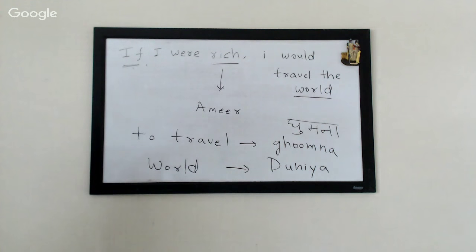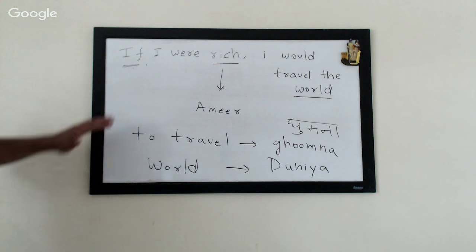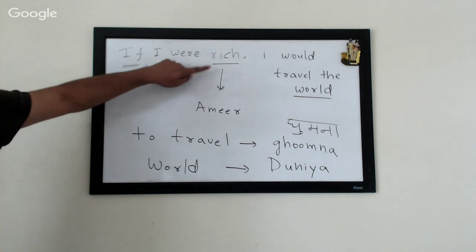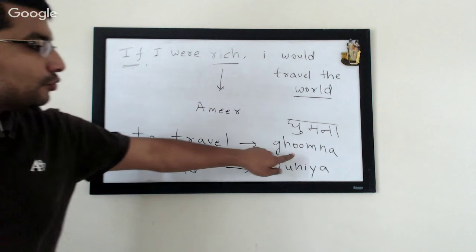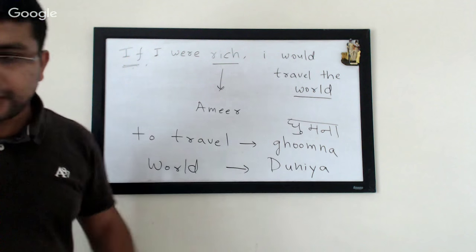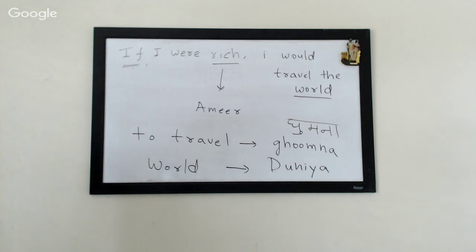World is dunya. Okay. So now you know the vocabulary. Rich is Amir. To travel is ghumna. And world is dunya. You want to give it another try now, to see if you can go over your sentence one more time and write everything in Hindi now.